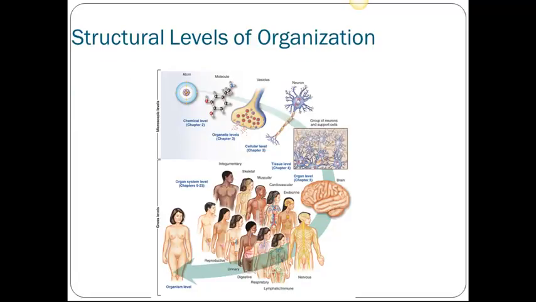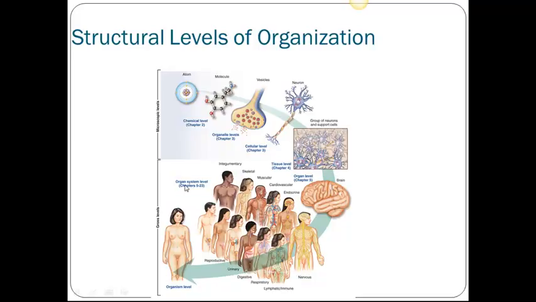Structural levels of organization in the human body are shown here. We have the atom and then a molecule, vesicle, a neuron, which then we get into the cellular level, which then creates a tissue level. And organ level is the next, and then you have the organ systems.